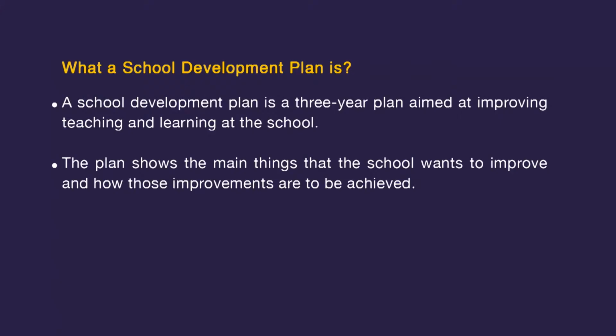A school development plan is a 3-year plan aimed at improving teaching and learning at the school. The plan shows the main things that the school wants to improve and how these improvements are to be achieved. As per Section 22 of the RTE Act 2009, SMC need to prepare and share a school development plan with government.